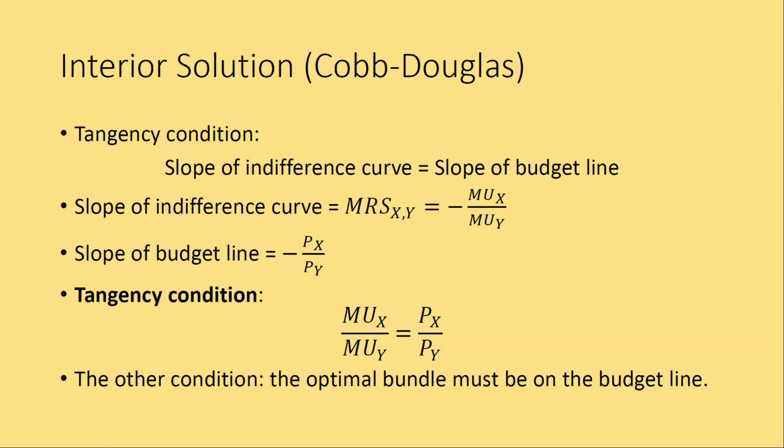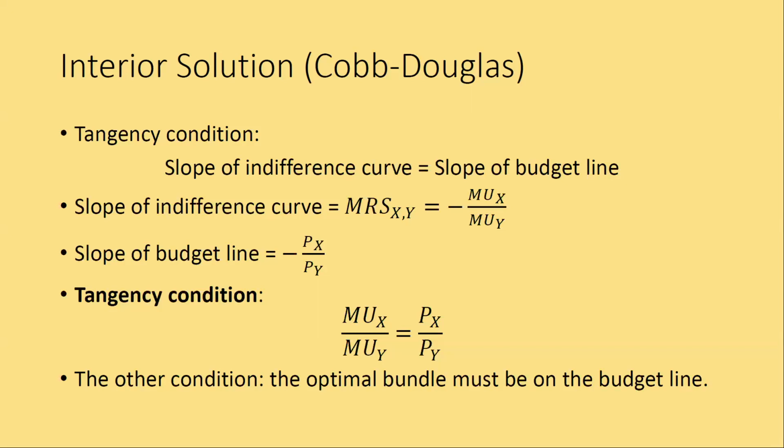Here everything is abstract, but imagine if you are given a utility function, you will be able to calculate what MUx is, what MUy is. Also, Px and Py are numbers that will be given to you. With this tangency condition, we will not yet be able to solve for the optimal choice, but we will be able to find a relationship between good x and good y.